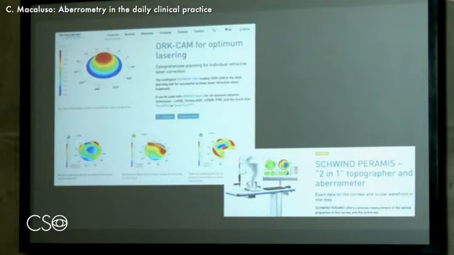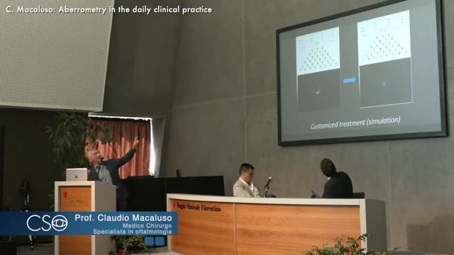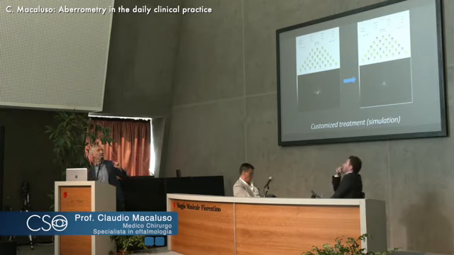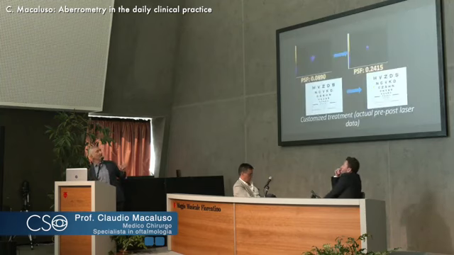And this is an interface between the software from the aberrometer and the software of the laser. This is an example of what we can imagine as a simulation of a treatment. You see on the right that several aberrations have been crossed out, and we expect an improvement in the PSF and an improvement in vision, in acuity.